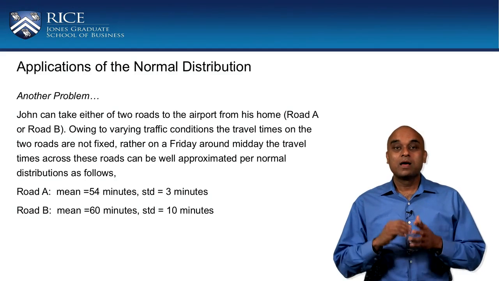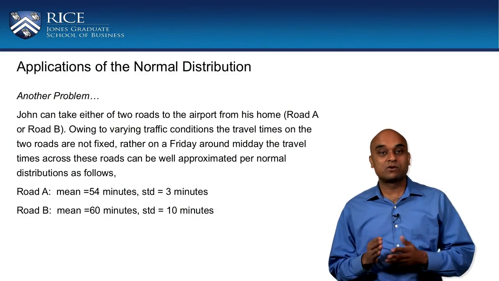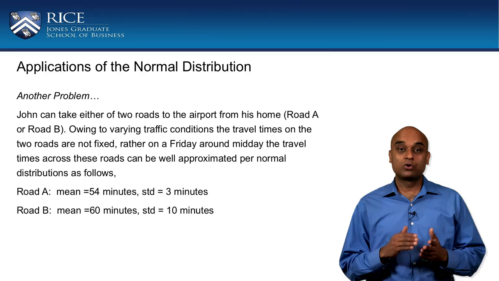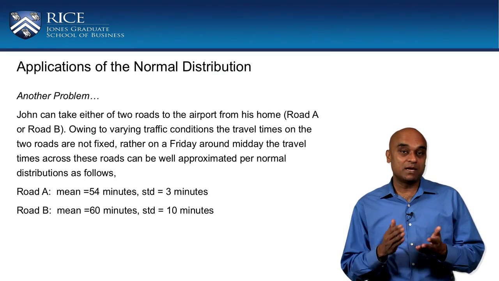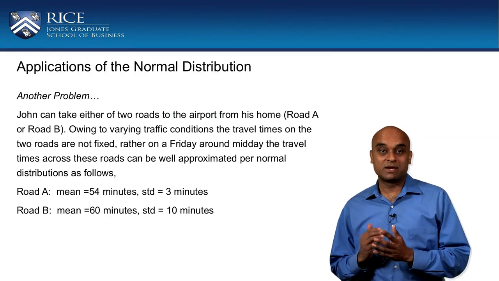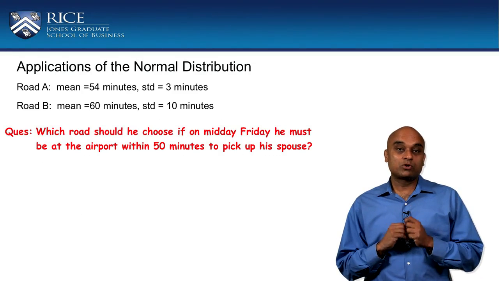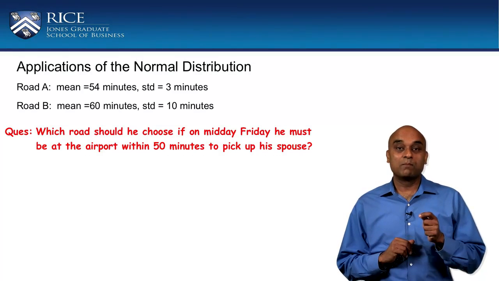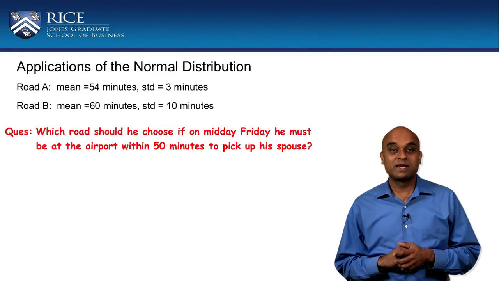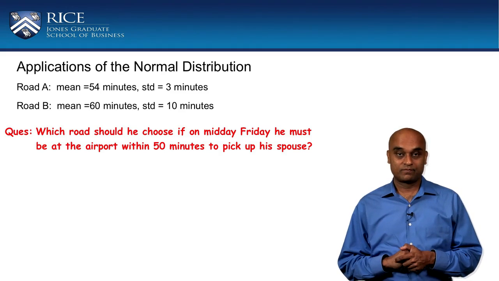Road A, a mean time of 54 minutes with a standard deviation of 3 minutes. Road B, a mean time of 60 minutes with a standard deviation of 10 minutes. Which road should he choose if on midday Friday he must be at the airport within 50 minutes to pick up his spouse?